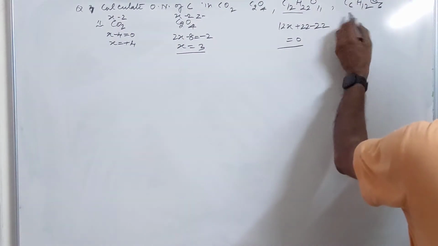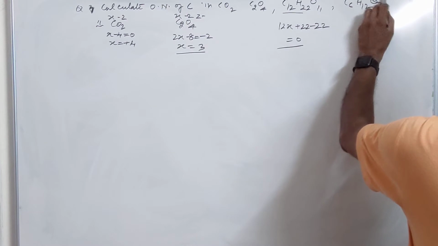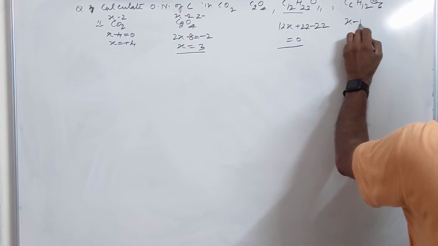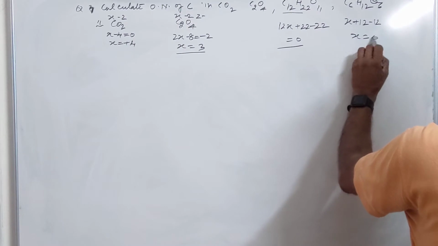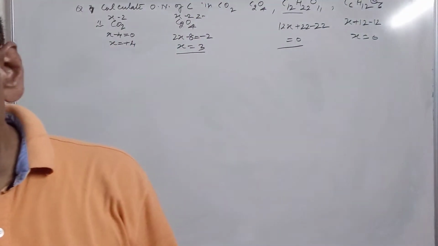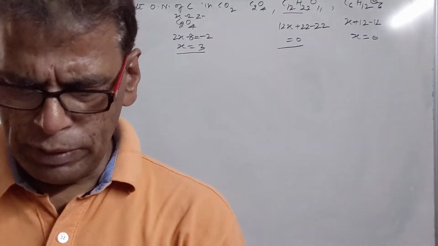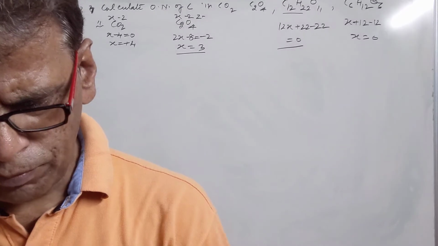And we have C6H12O6, again it will be 0, x plus 1 minus 2. So x minus 12 plus 12 minus 12, again x is 0. So in this manner we can calculate the oxidation number of the different species in the molecules given to us.